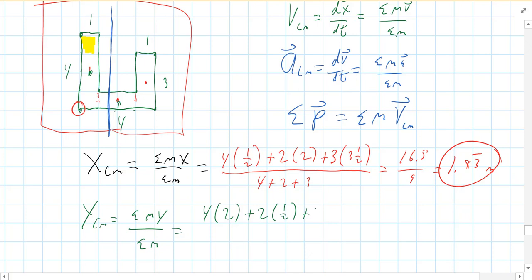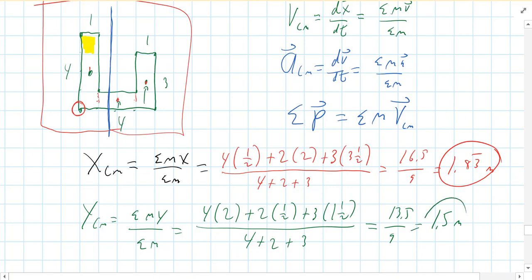And the last rectangle had an area of 3, and its center of mass is 1.5 from the bottom, so 1.5. And the denominator is going to be identical. The total mass of the object is 4 plus 2 plus 3. Its whole area is 9. Now in this case, I get 13.5 over 9, which is 1.5 meters.